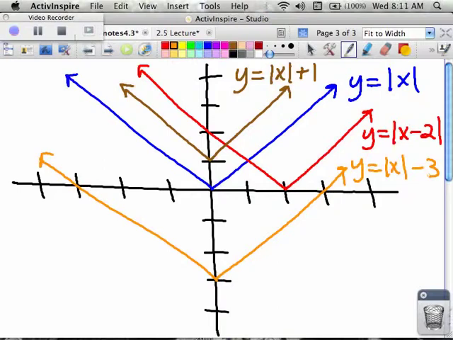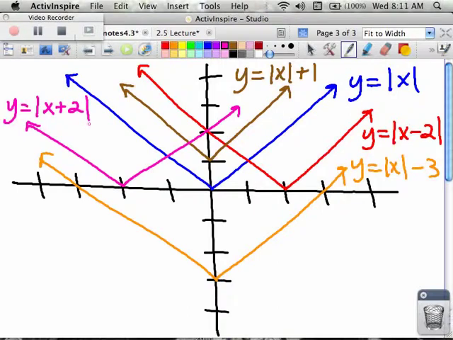And if I move something to the left, like this, this is y equals the absolute value of x plus 2. And notice how the 2 is on the inside, because it's horizontal movement.